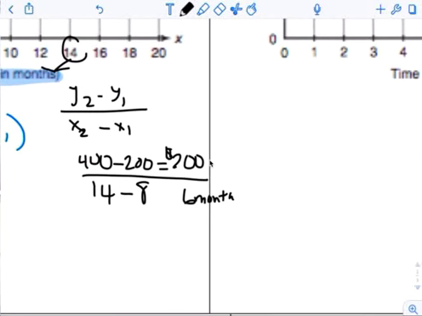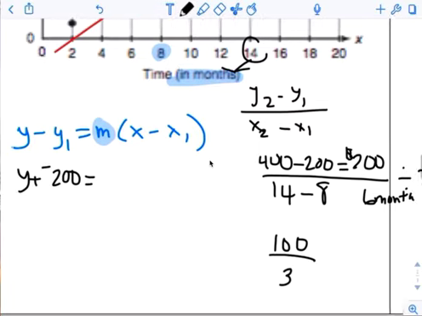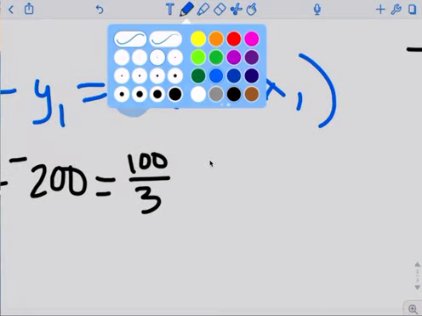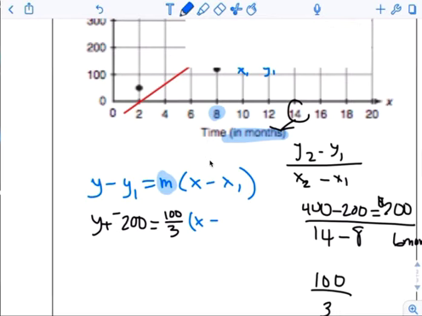You can simplify this by dividing by 2. You get $100 every 3 months. So $100 every 3 months. You get x minus x sub 1, which is 8.